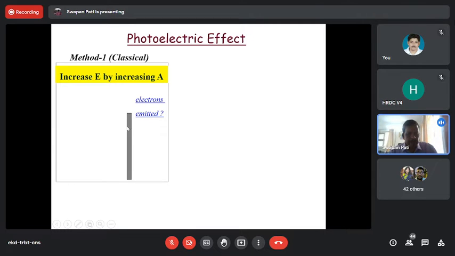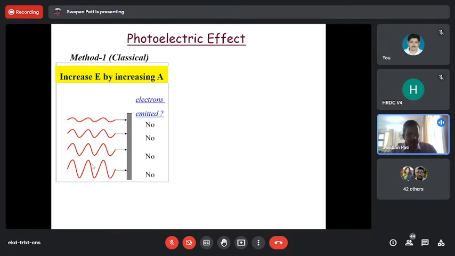You have a screen where you check whether electrons are emitted or not, and you increase the amplitude. No, it's not emitting. Increase further. No, it does not emit. Increase much further. It does not emit. Even with a very large amplitude, electrons are not coming out of the metal.